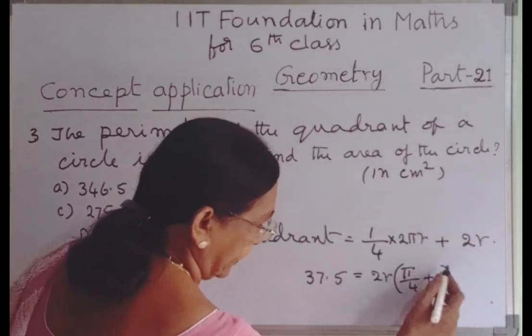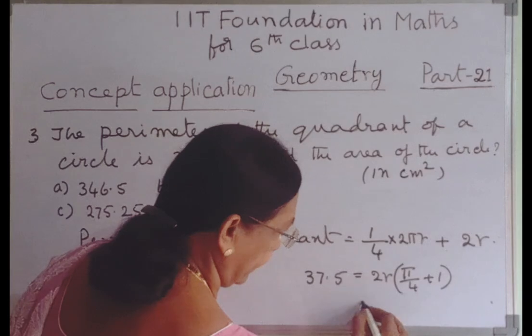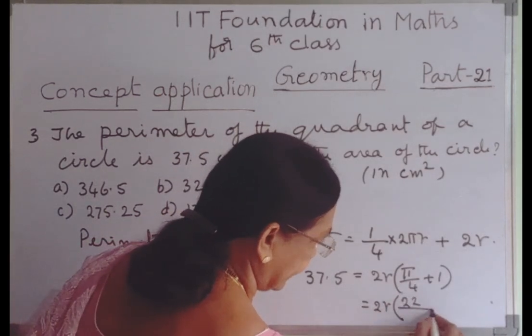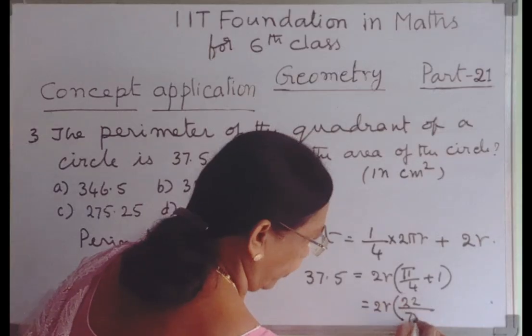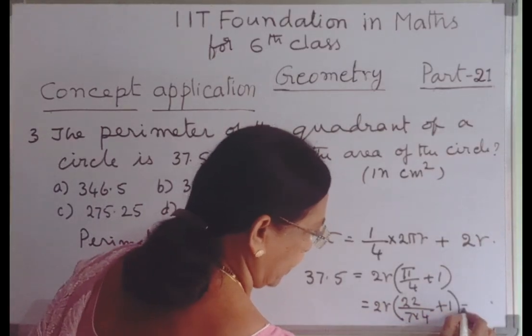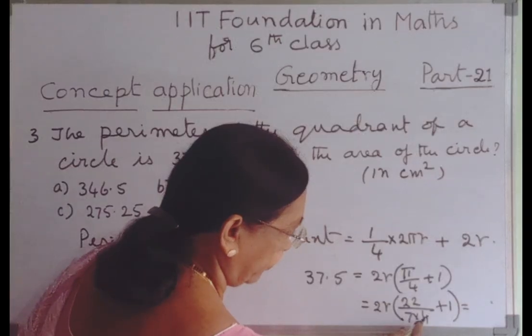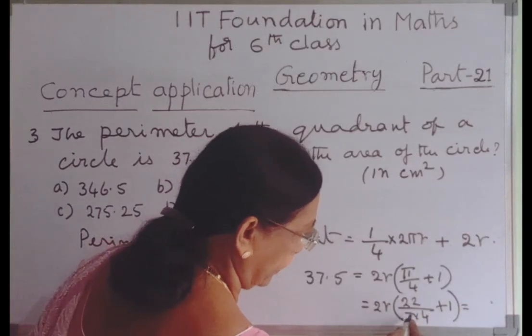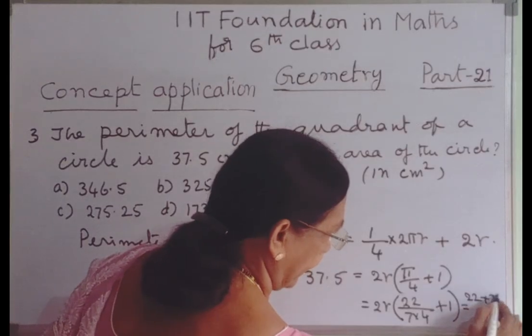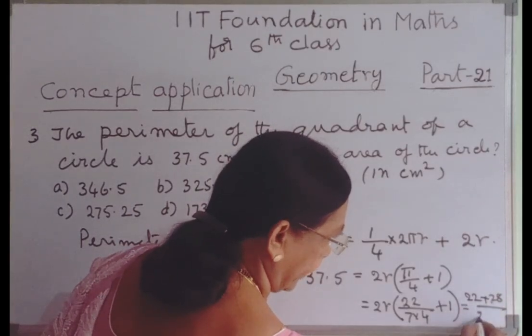divided by, we will simplify this here only, 2r into pi, 22 by 7, 4 is already there, plus 1. So this is equal to 7 4s 28. Therefore, 22 plus 28 by 28.